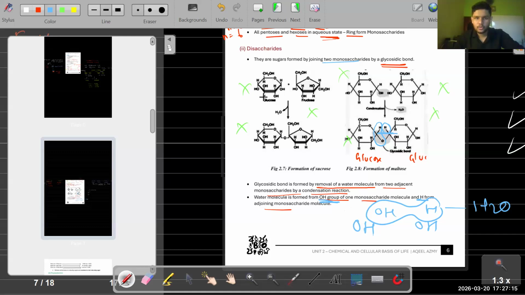Yes. So just check these three points whether it is clear. If it's clear, let's move on. Just 4 minutes left, so we can complete disaccharides today. If it's clear, let me know.